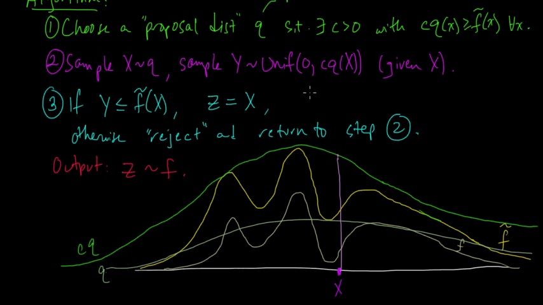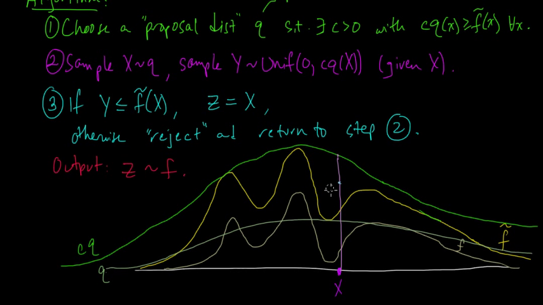We draw a uniform sample from this, and maybe we get something here. So maybe that's our y. If that's our y, then we go to step 3, and step 3 says, is y less or equal to f tilde of x? F tilde of x is here. That's the point on the yellow line. And y is not less or equal to f tilde of x. It's greater. And so we don't accept, we reject. So we would reject that y and return to step 2.